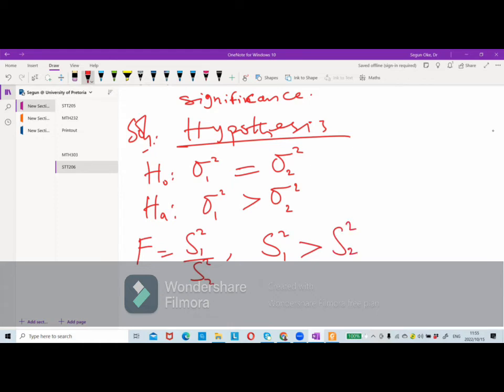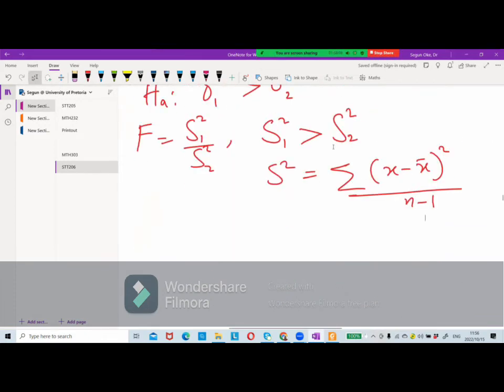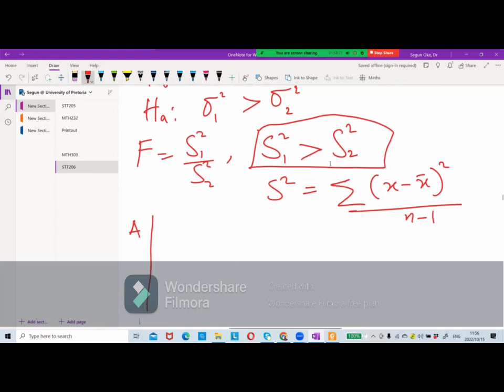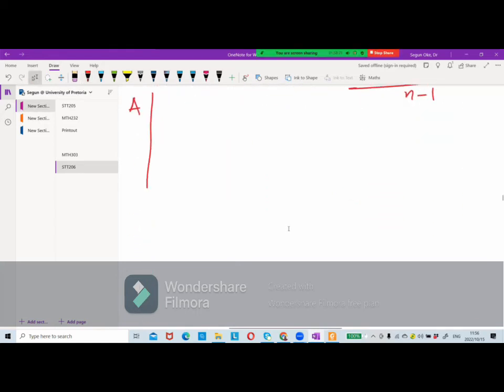Don't forget, our S squared is the same thing as the summation of X minus X bar squared divided by N minus 1. How do we identify S1 and S2? The condition to identify them is here. Now, let's start with A. Draw the line of A. Everybody do that.